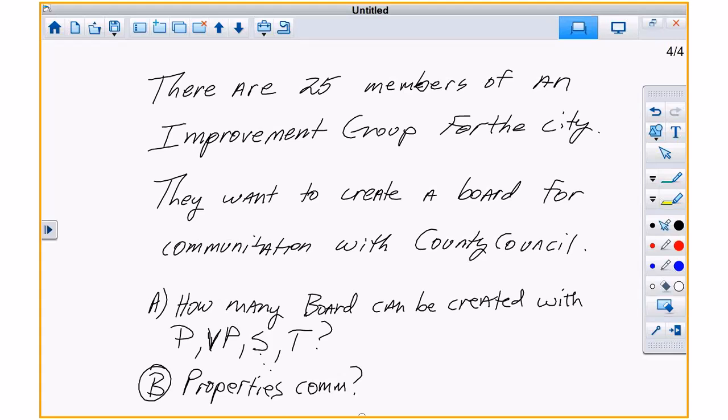The first one is going to be nPr, which will be 25P4. And this will be 25C4.